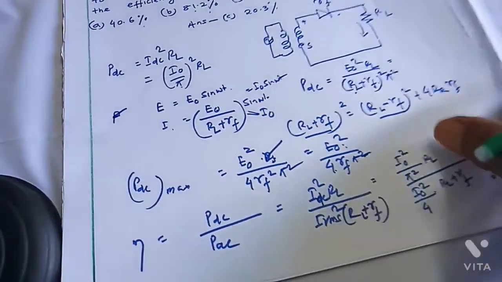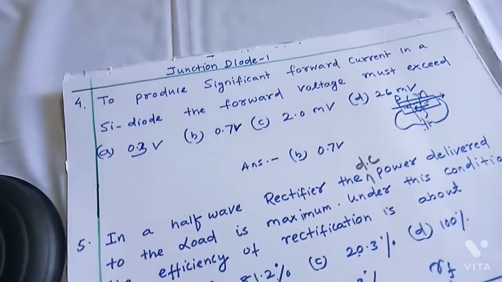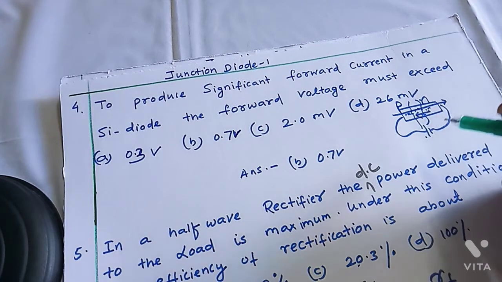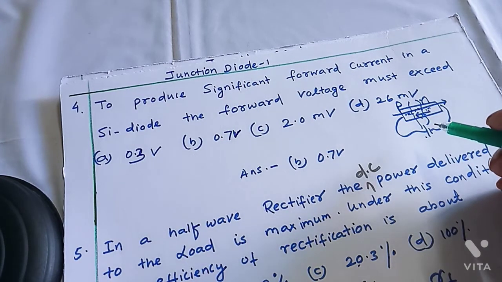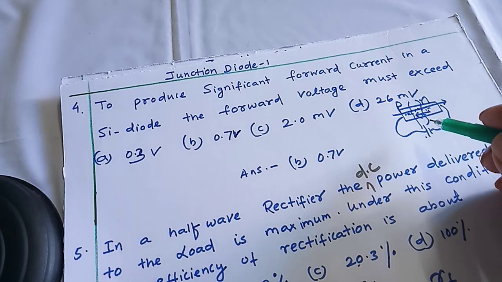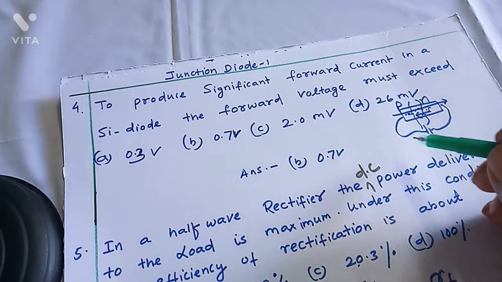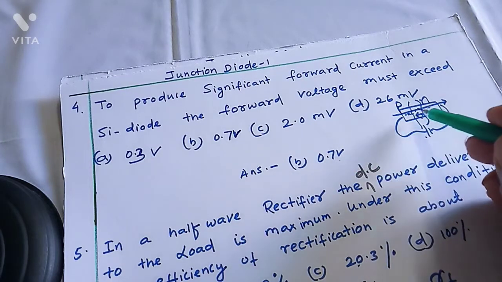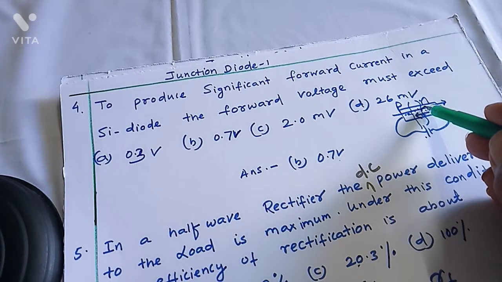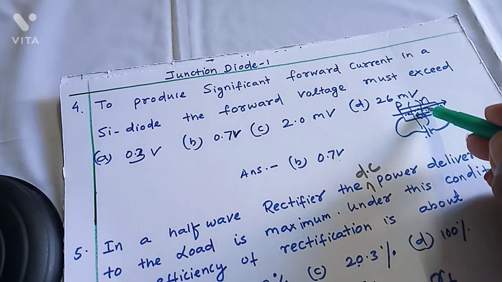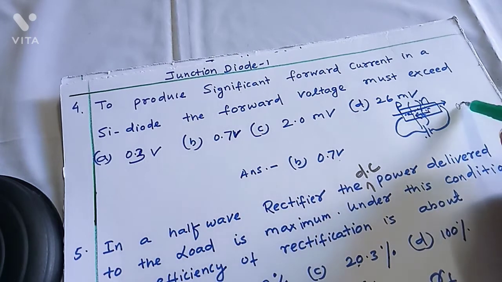Next question: to produce significant forward current in a silicon diode, the forward voltage must exceed 0.3 volt, 0.7 volt, 2 millivolt, 26 millivolt. Clearly it is 0.7 volt because the electric field is established from N region to P region, and the potential difference is of the order of 0.7 volt.